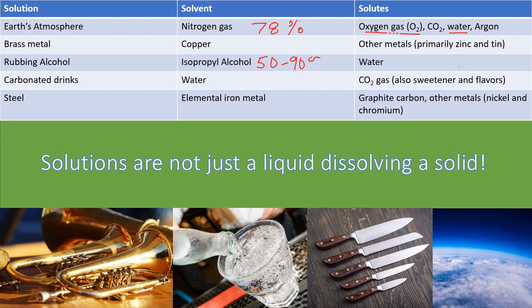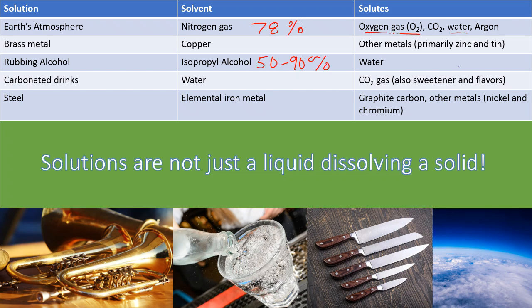And so I guess if it was a 50-50 mix, you could call whichever the solvent that you wanted to. Probably water, just because water is such a common solvent. But as you go over 50% alcohol, the alcohol becomes the solvent and the water becomes the solute.